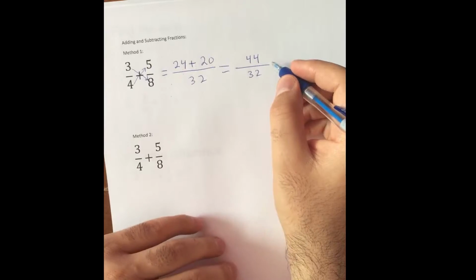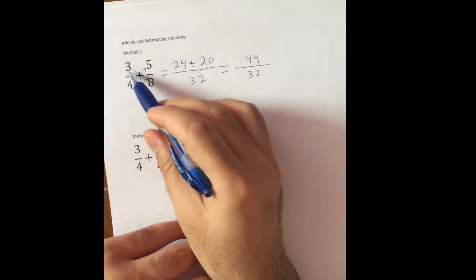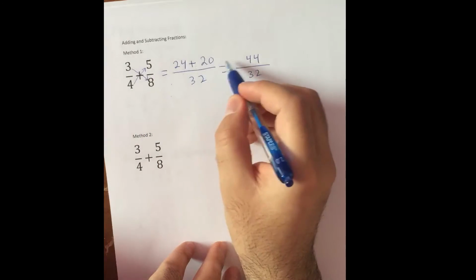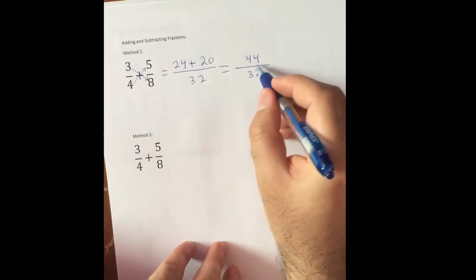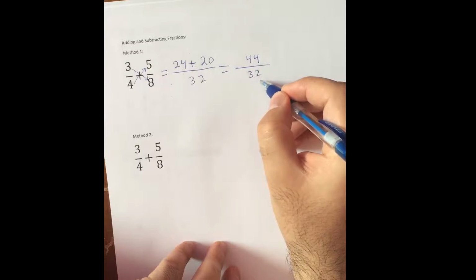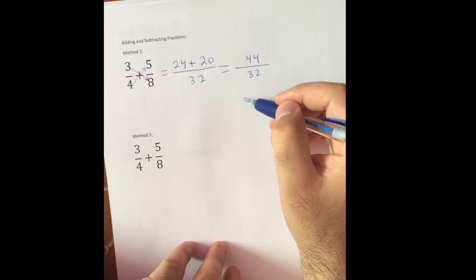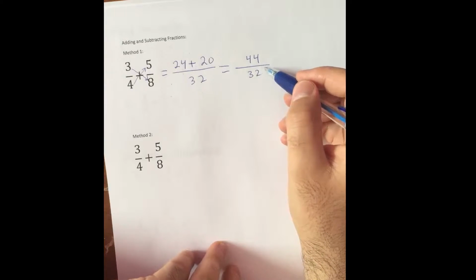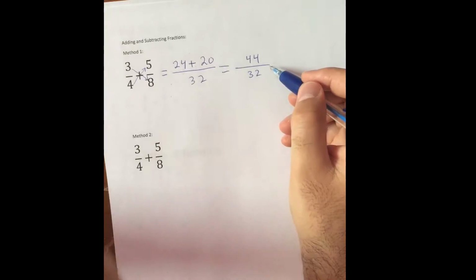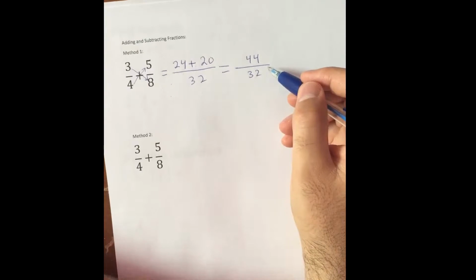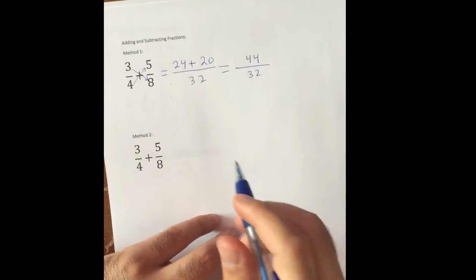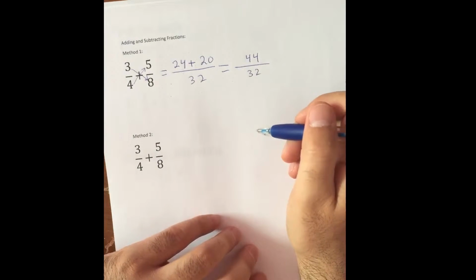I think this is the easiest way because you don't have to do anything else, all you have to do is multiply. Now you have 44 over 32. You can reduce it or make it simpler. Remember equivalent fractions, you can either reduce it or leave it as it is. We will look into that in another video, but right now that's enough.